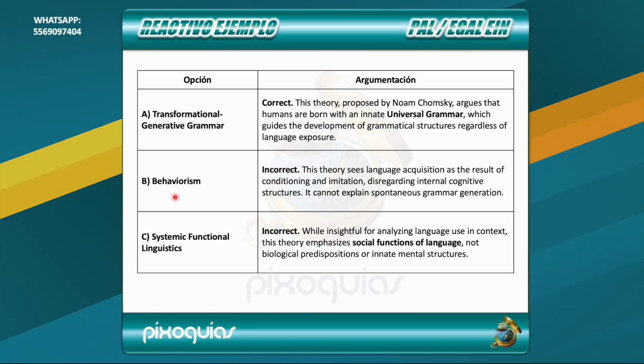B. Behaviorism is incorrect because this theory sees language acquisition as the result of conditioning and imitation, disregarding internal cognitive structures, and it cannot explain spontaneous grammar generation. C. Systemic functional linguistics is also incorrect because, while insightful for analyzing language in context, this theory emphasizes social functions of language and not biological propositions or innate mental structures.